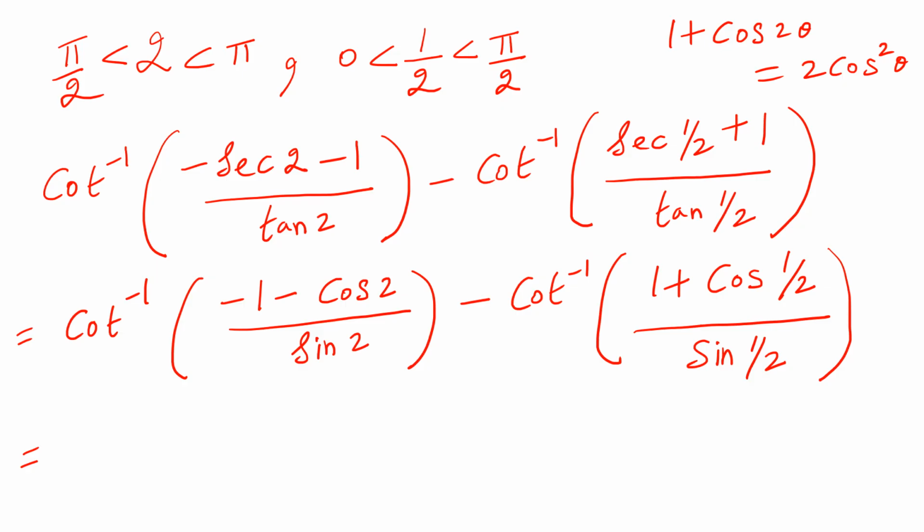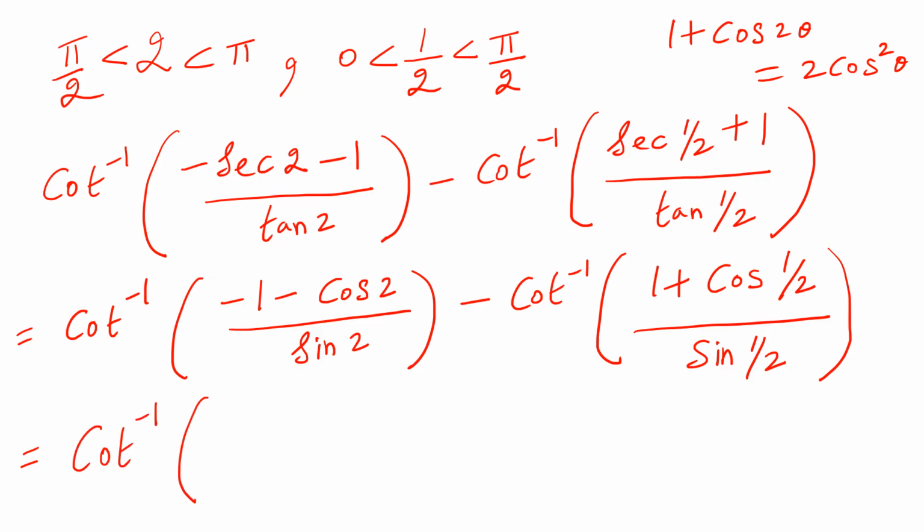And similarly, we can write sine 2 as 2 into sine 1 cos 1 and sine 1 upon 2 as 2 into sine 1 upon 4 into cos 1 upon 4, because we know that sine 2 theta is equal to 2 sine theta cos theta.